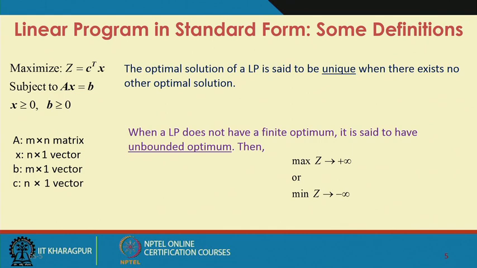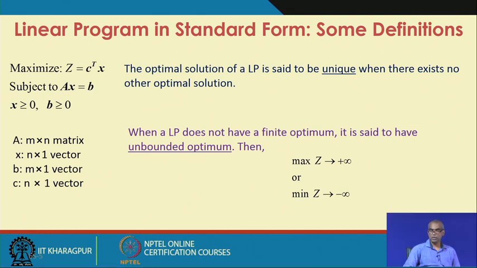Then maximization of Z will lead to plus infinity, minimization of Z will lead to minus infinity. You can go on increasing or decreasing the objective function without any bound, depending on whether you are solving a maximization problem or minimization problem.